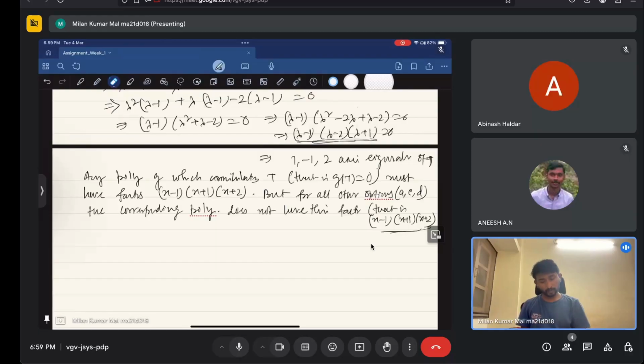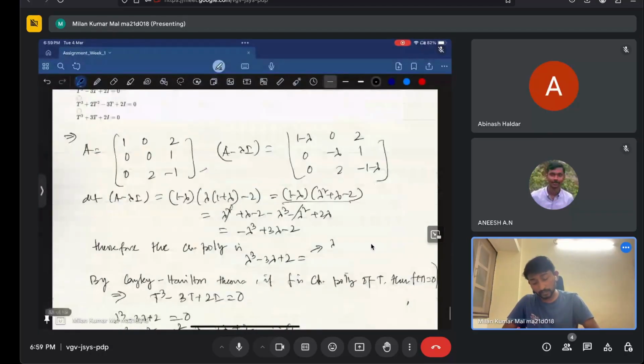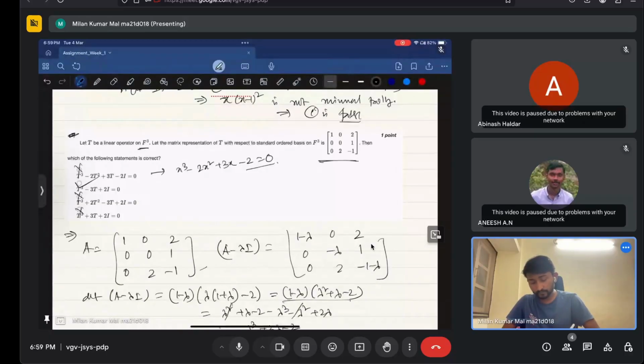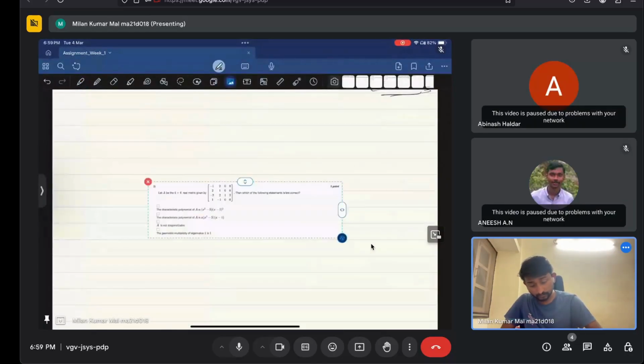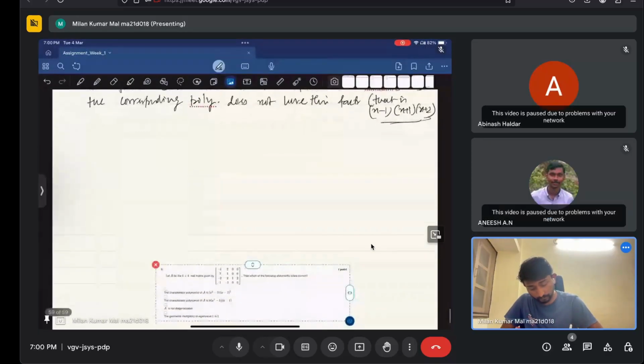So for the linear operator T, any polynomial which annihilates T must have these factors. But here every polynomial is of degree 3, so if they have these 3 factors simultaneously, they must coincide with this. So therefore all other options are incorrect.